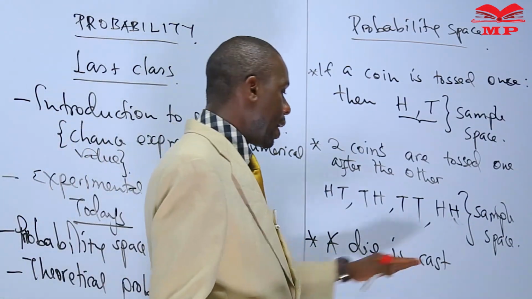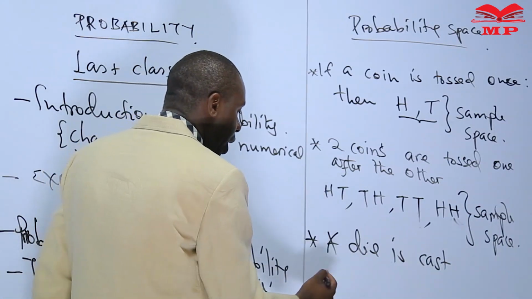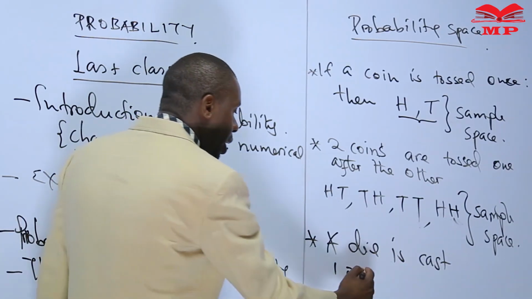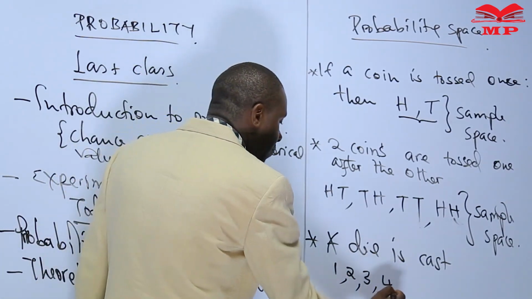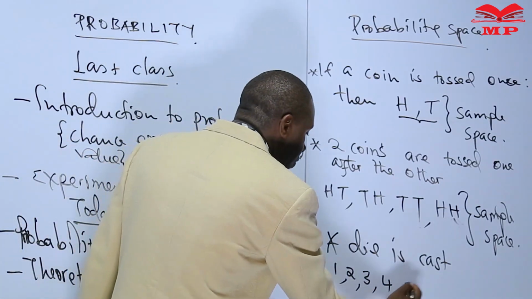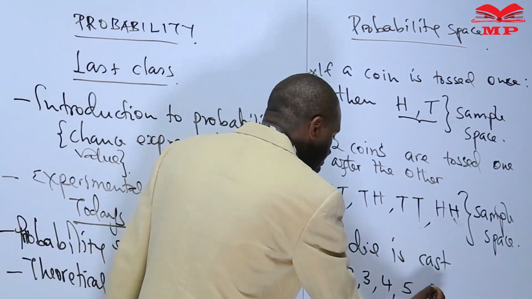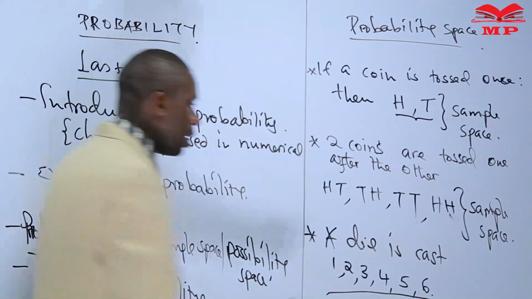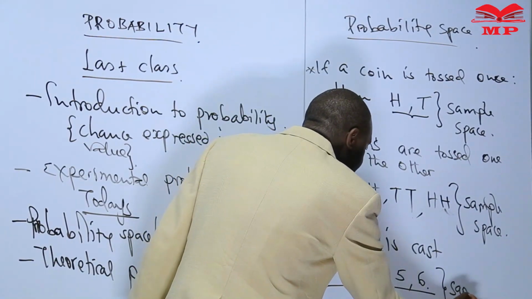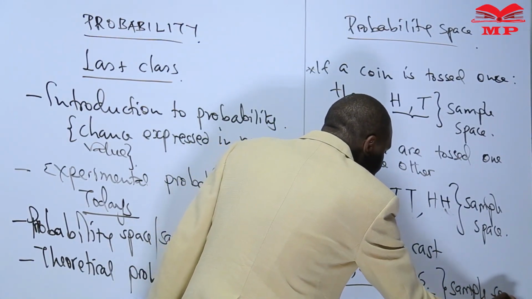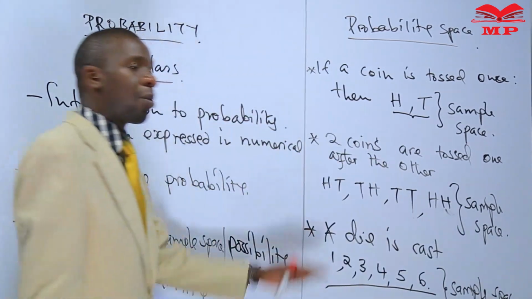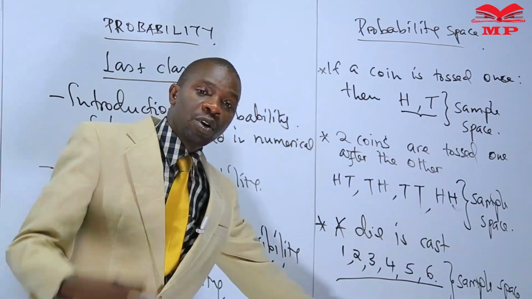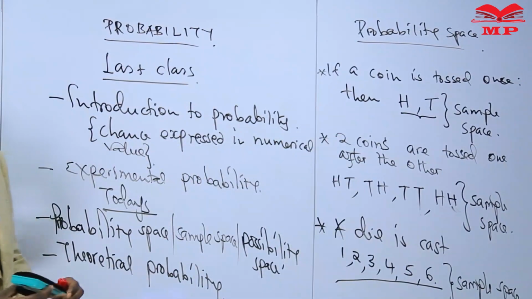So in that case, when a die is cast, we are going to get a face with 1 dot, or a face with 2 dots, or another one with 3 dots, or another one with 4 dots, or one with 5 dots, or another one with 6 dots. Now, these are the possible outcomes. And in this case, this is what we are calling the sample space, or what we also call the probability space. So when you're talking of probability space, basically, this is what you are doing.